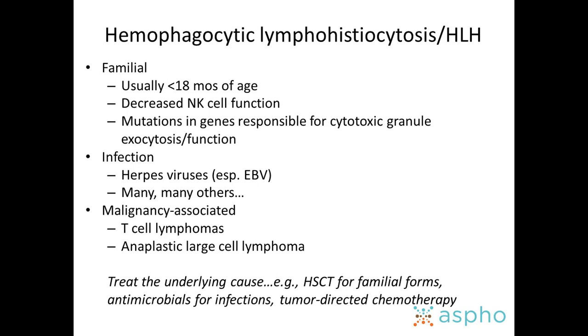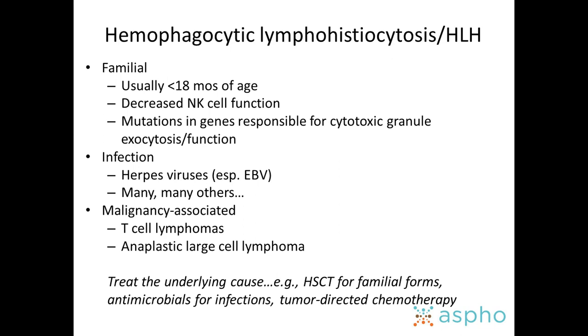And if one sees this, one should also think about X-linked lymphoproliferation in a male in the early school age years. There are, of course, many other infection-associated hemophagocytic syndromes. We've recently seen one with brucella.